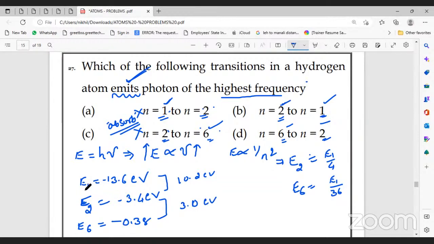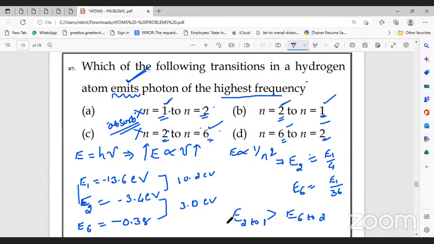So the energy gap between 2 to 1 is more compared to the energy gap between 6 to 2.